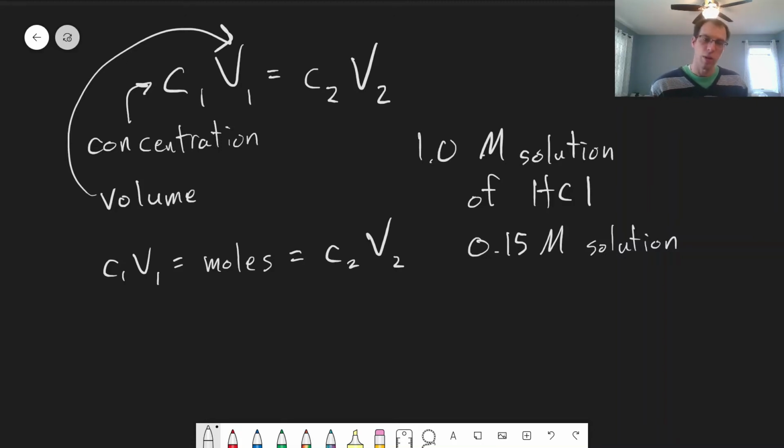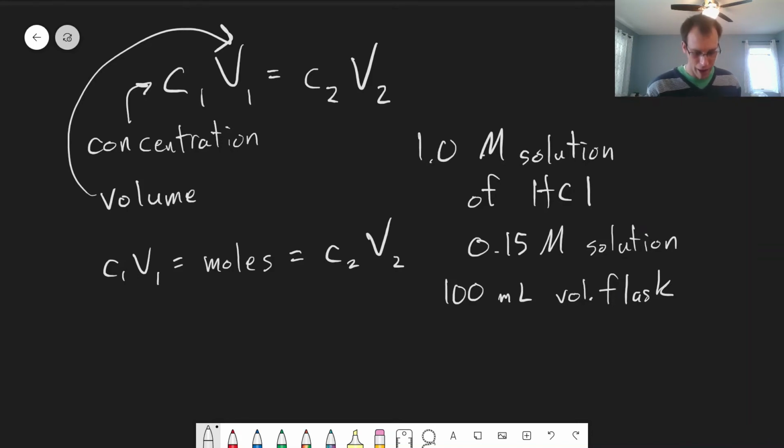And so the question that we have, let's say we have a 100 milliliter volumetric flask. So we can make a total volume of 100 milliliters. We need to know how much of that 1 molar solution needs to go into the 100 milliliter volumetric flask to make the 0.15 molar solution. This is a very common sort of problem that we'll see and that you'll deal with in lab.